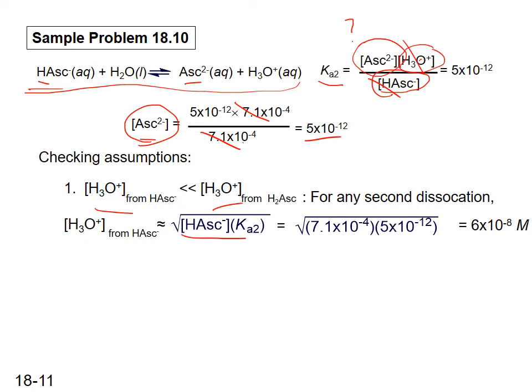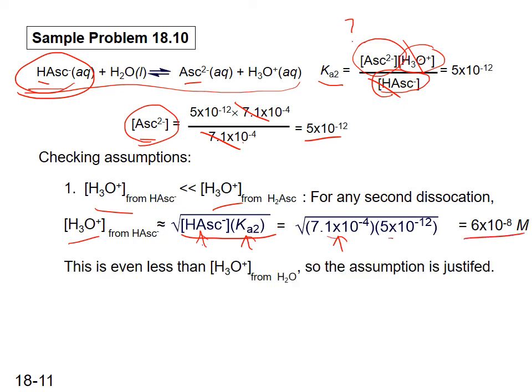We use the same equation we derived before. If it's a very weak acid, the hydronium ion is calculated by acid constant times initial concentration. The initial concentration for the second dissociation reaction is the anion with one hydrogen, calculated from the last slide. So you put it in, and you get 6 times 10 to the minus 8. This is so small, it's even smaller than the hydronium ion generated from pure water. So the assumption is justified.